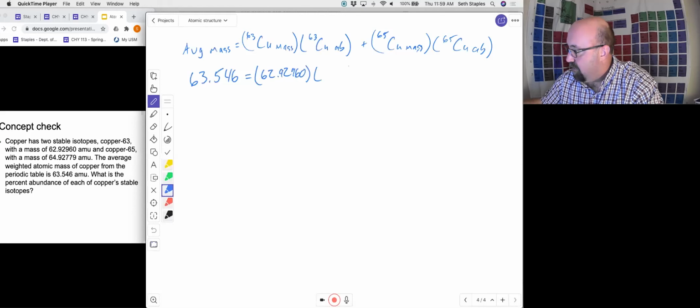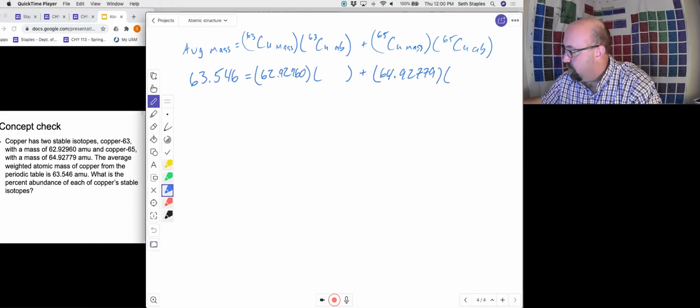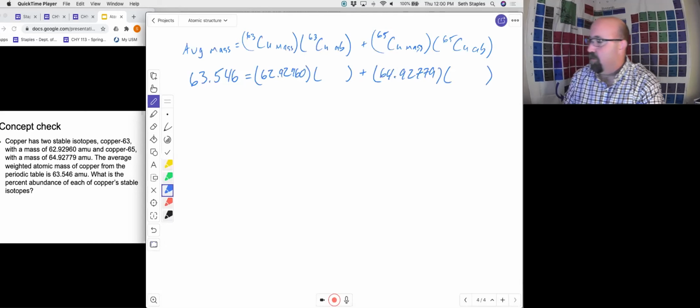I'm going to go ahead and leave this blank for now, our copper 63 abundance. That's what we're looking for. We know that our copper 65 has a mass of 64.92779, and then times our percent abundance of copper 65. And so what we're going to do now is we're just going to put X in here for our abundance of copper 63. That's one of the factors that we're looking for.